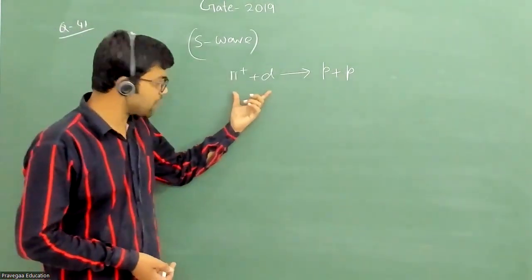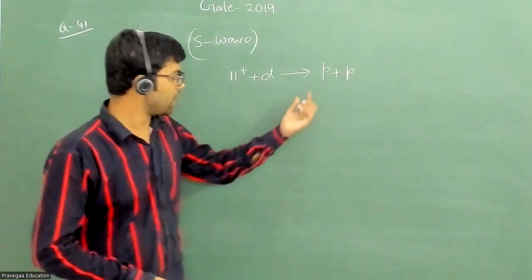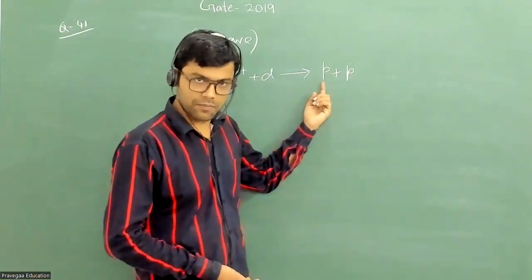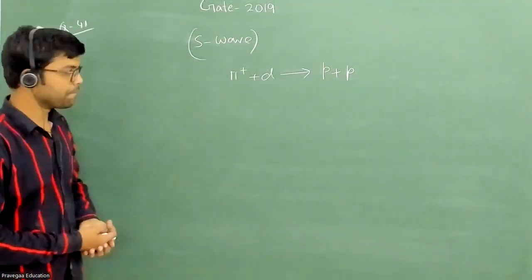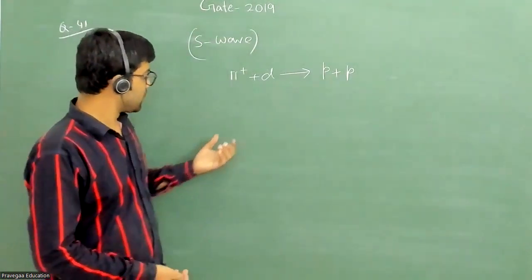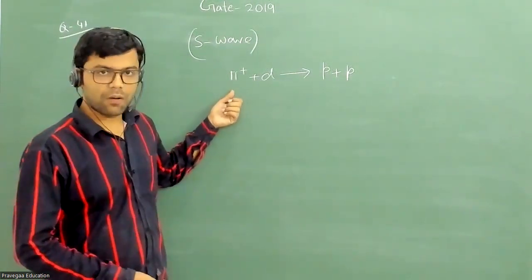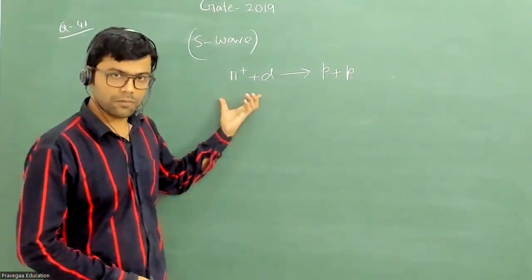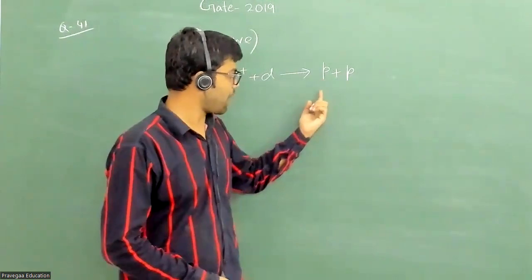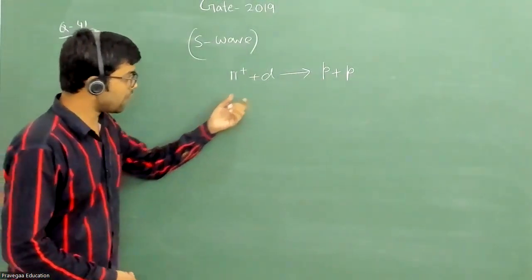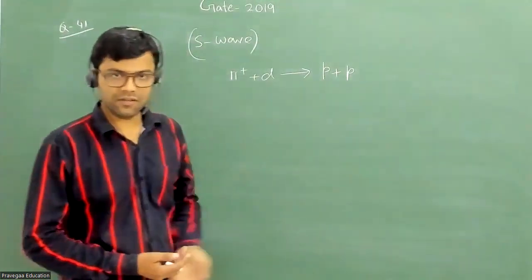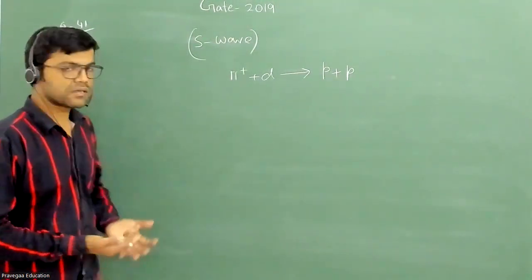So on the left hand side, you will get isospin 1, and you know the proton has half isospin, so half plus half is 1, matching the left hand side. Similarly, the third component of pi plus is 1 and deuteron has 0, so 1 plus 0 is 1. This will be half plus half, that is 1. Strangeness: none of the particles is a strange particle here, so strangeness will be conserved. So all conservation laws will be satisfied.